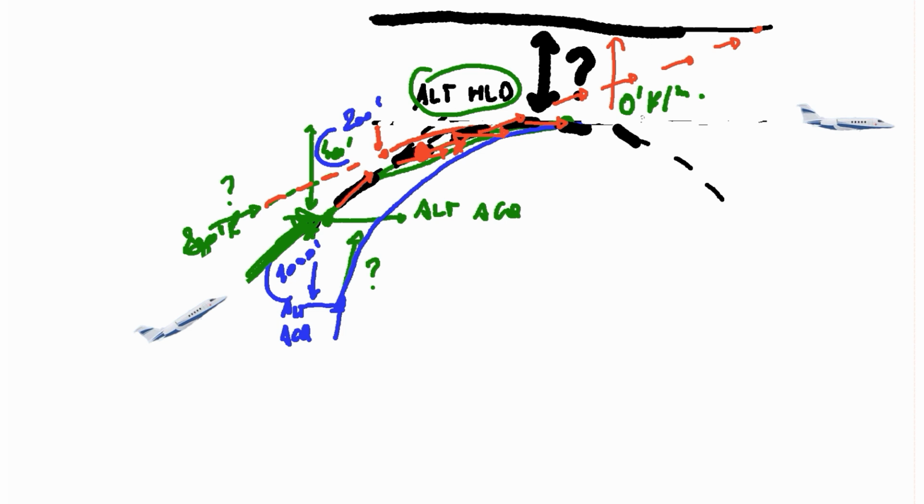Now the problem is, it could be that I was in this blue case where for some reason I say, well, I just have to climb by a few hundreds of feet, and so I was climbing very steep, okay, like 5,000 feet per minute, and then I decided for some reason to change the selected altitude again, and because the altitude was changed, now I was in this curve. And it could be that the system reverted to vertical speed when I had this vertical speed.